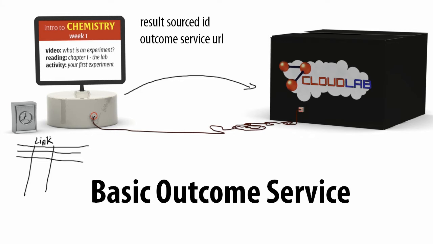The result sourcedid is identifying a recipient created in the tool consumer to receive the result of this interaction from this user with this link. Usually you could represent that as a cell in the gradebook, for example, which is a relationship between a link and a user, but it doesn't really have to be a cell in the gradebook. It's really capturing the interaction of that user with this link.